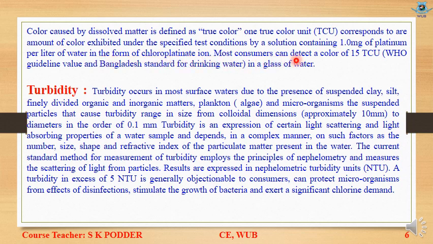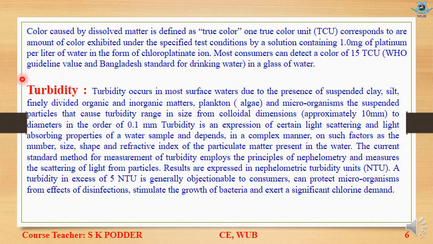Most consumers can detect a color of 15 TCU in a glass of water, that is the WHO guideline value, and also the Bangladesh standard for drinking water. That means according to WHO and Bangladesh, the standard for color is 15 TCU, that is 15 true color units.